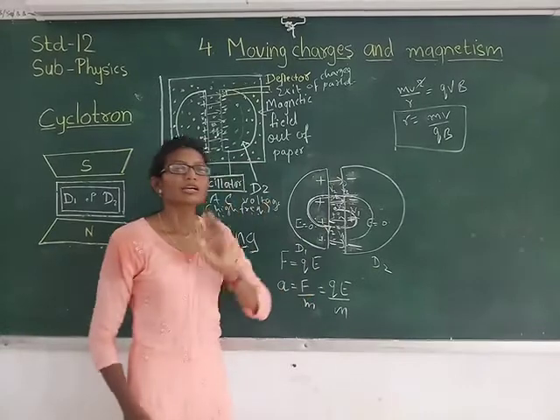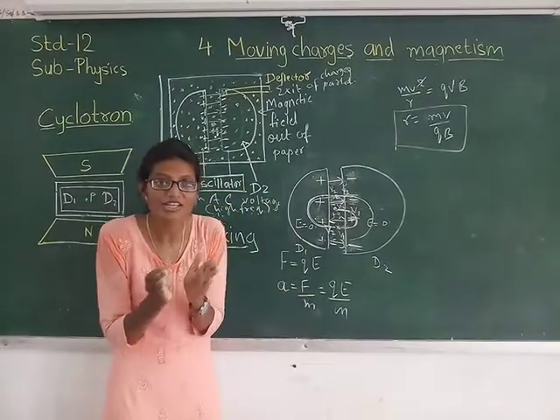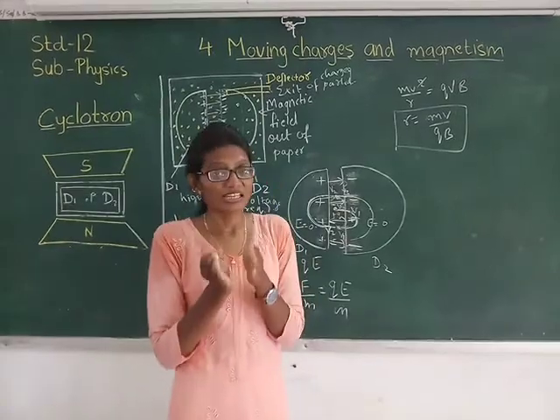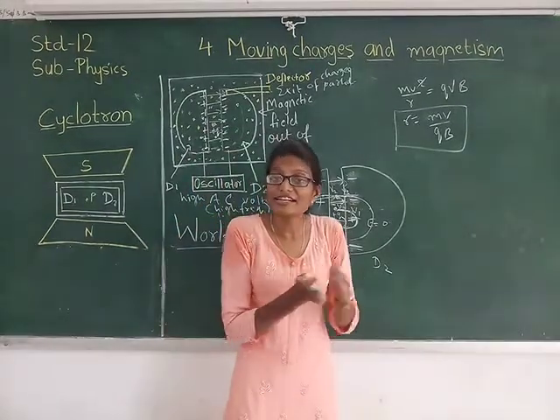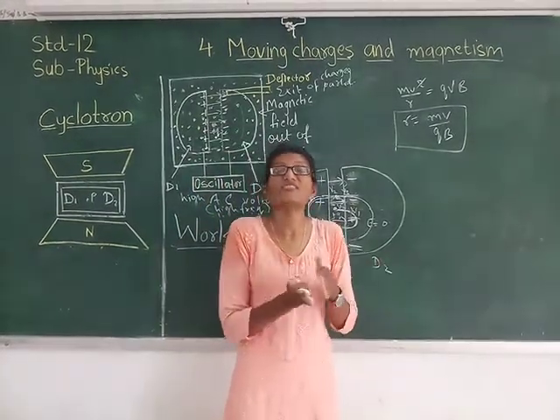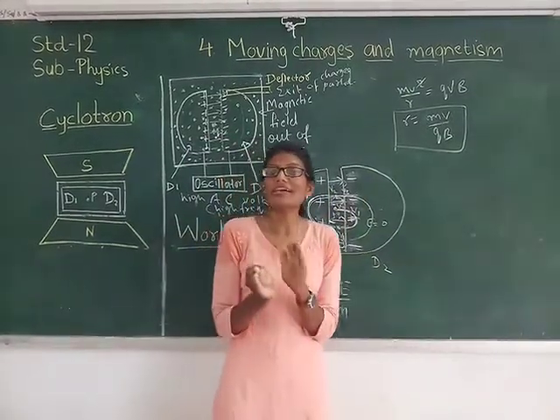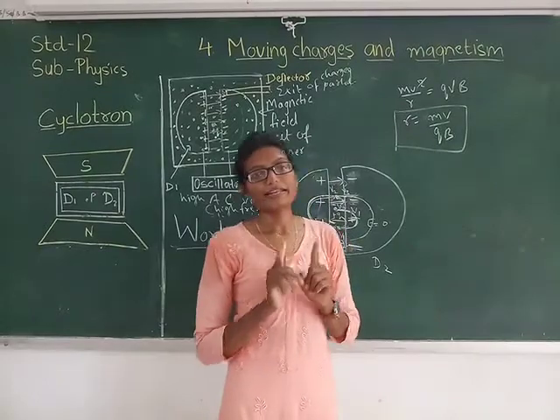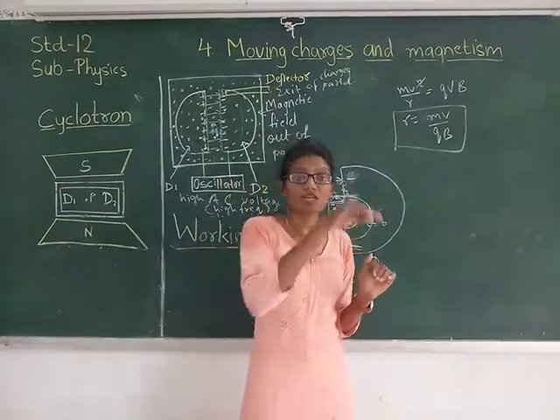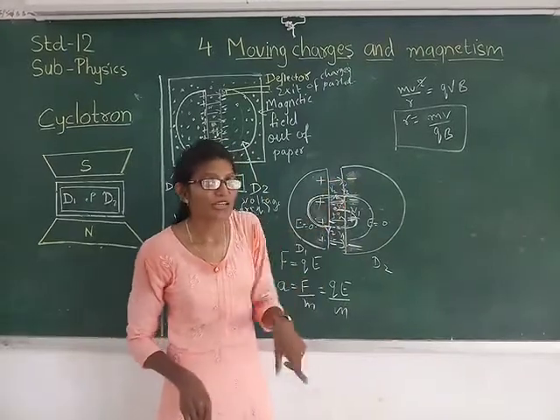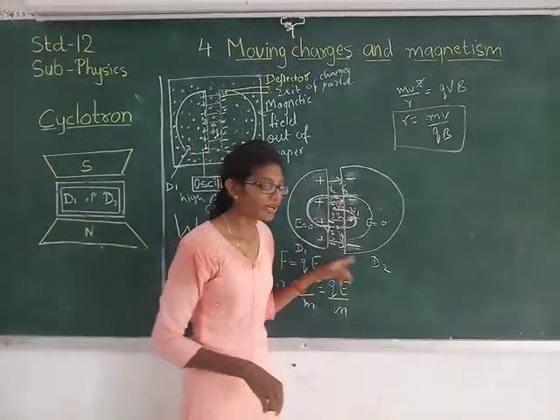Between the gap there will be an electric field generated. So when the charged particle is between the gap, the electric field accelerates the charged particle and the velocity increases. But when it comes into D, the electric field will be 0, and at that time the magnetic force acts on the charged particle and it allows the charged particle to move in the circular path, right?